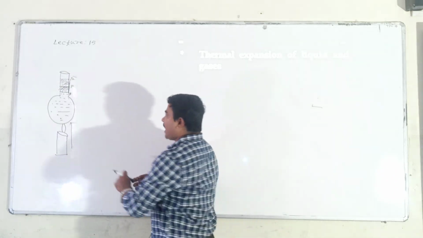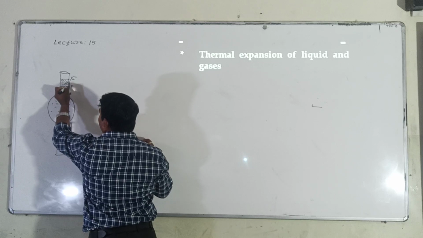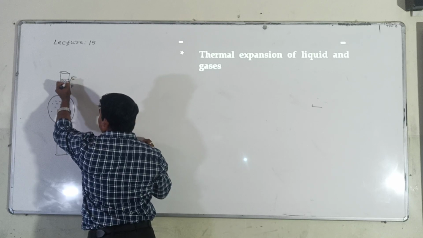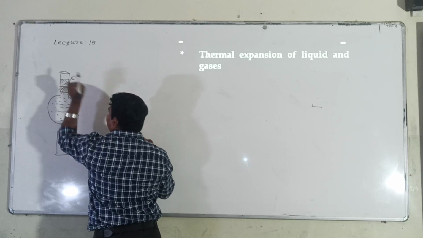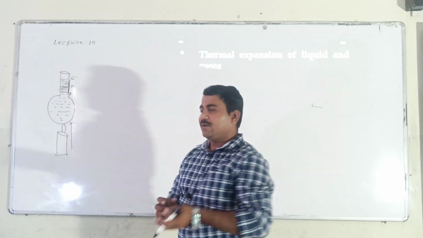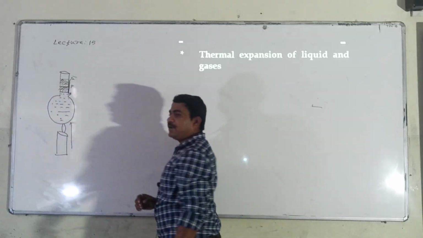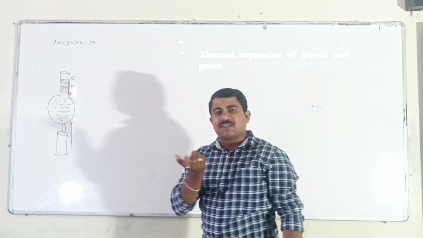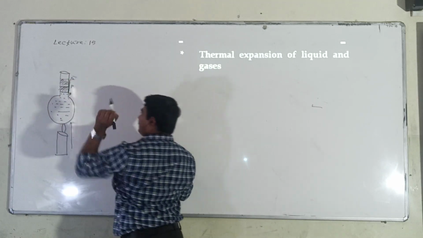The flask expanded from this point to this point. Then from this point to this point the liquid rises without taking the expansion of the flask. This is nothing but the actual rise in volume of the liquid. And the liquid actually rises from Q to R.